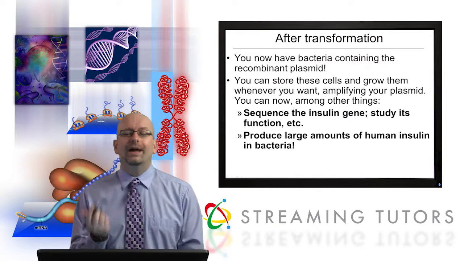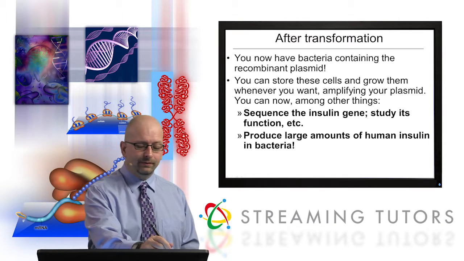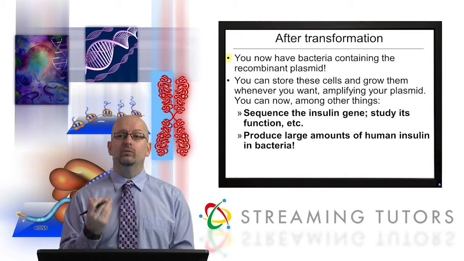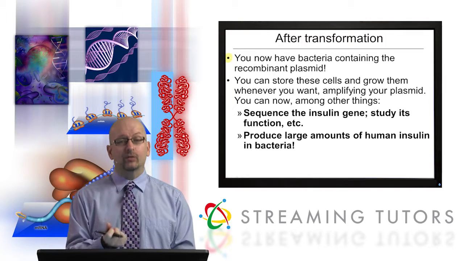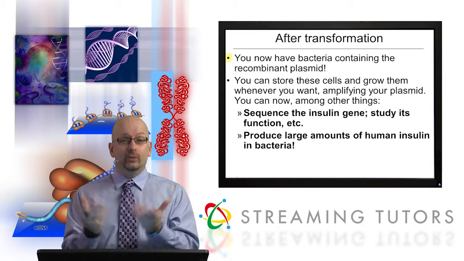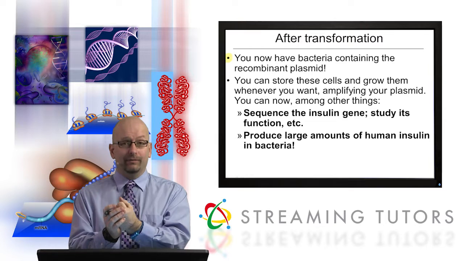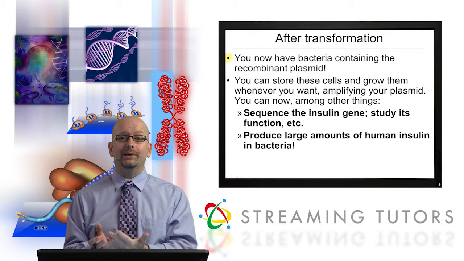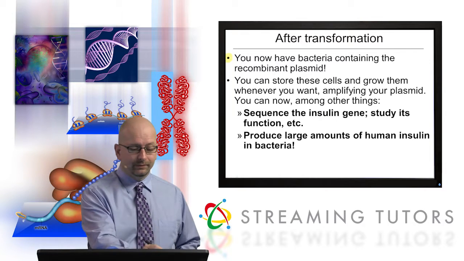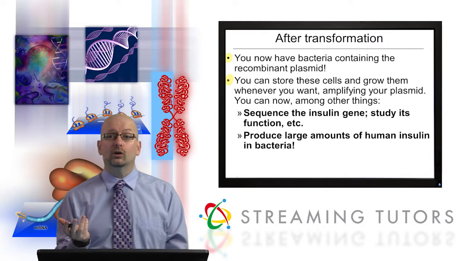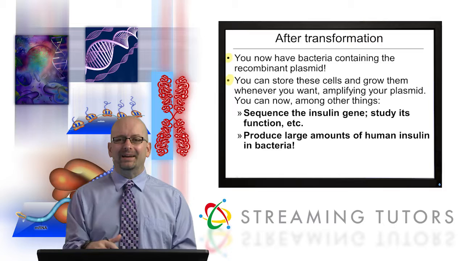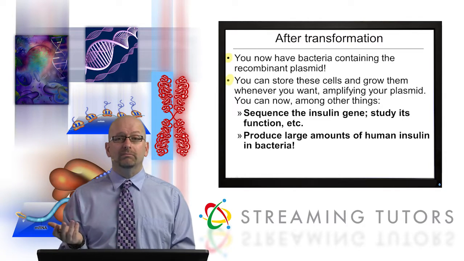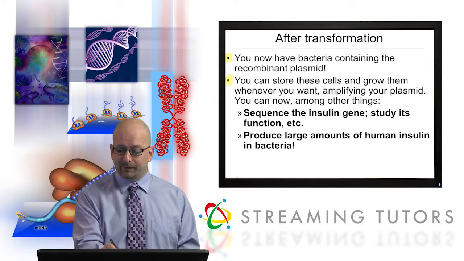Okay, so now you have what you wanted, which is bacteria. First, you had the recombinant plasmid, and you can keep it isolated, not in vitro, but to put it in the cell is how it's going to be useful, because you could store these cells for a long, long time at a cold temperature, and then whenever you want, you can grow some up and amplify your plasmid.